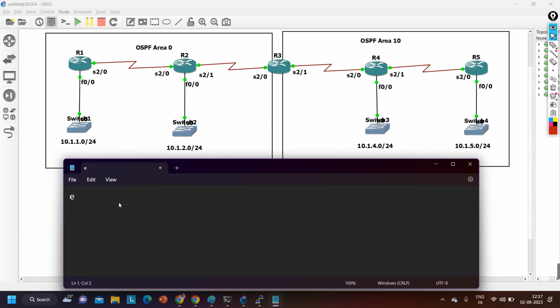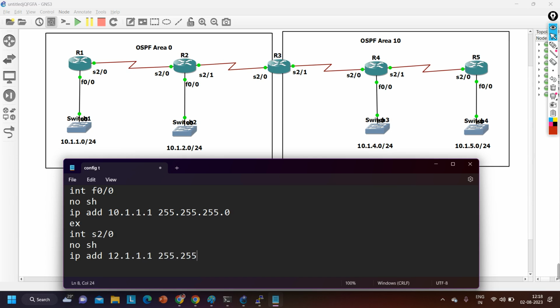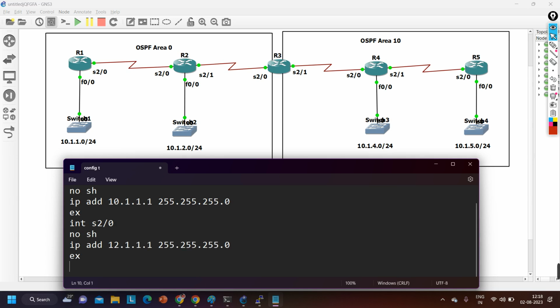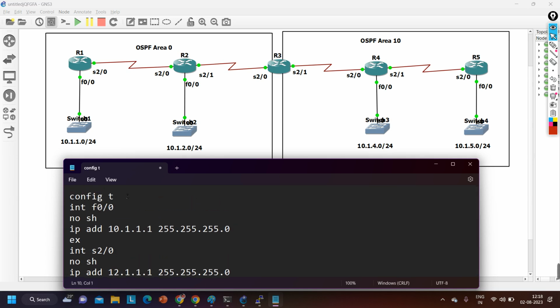On router number 1, I'm going to say config t, then interface f0/0, no shut, and IP address 10.1.1.1 255.255.255.0. After that, exit. Interface serial 2/0, no shut, and IP address 12.1.1.1 255.255.255.0. Exit. And let me configure OSPF also.